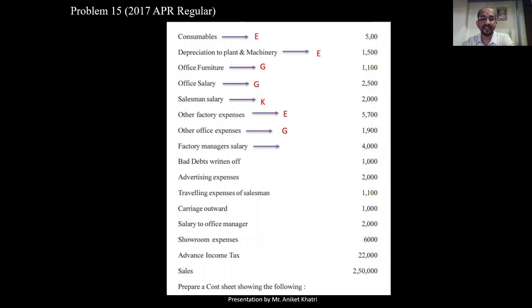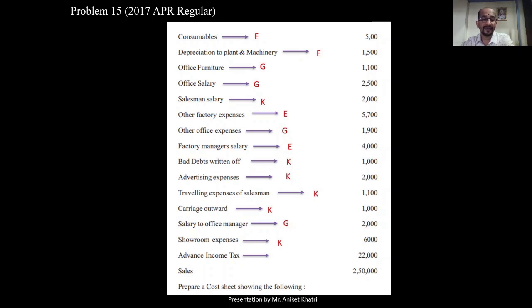It is mentioned factory manager, so E. Bad debts written off K. Advertisement expenditure K. Traveling expenses of salesman K. Carriage outward K. Salary to office manager G. Showroom expenses K.